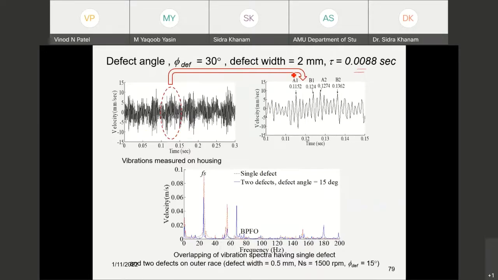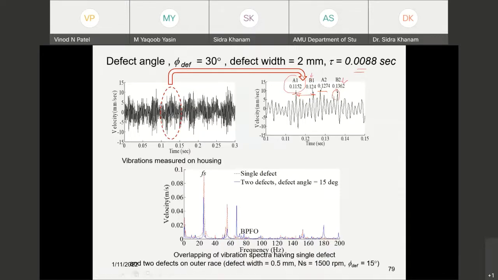So when one defect comes into contact with the first ball, the second defect will come into contact with the same ball. Defect two is in contact with the second ball. This way, the time duration of the impulse generated can be obtained from the derived equations.